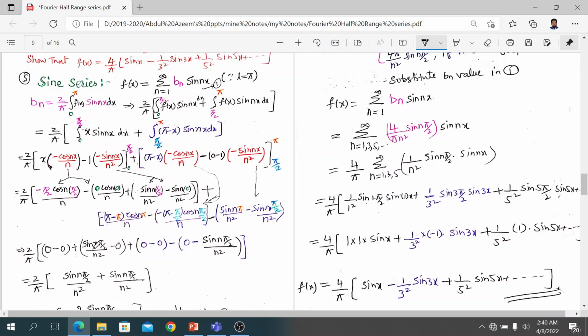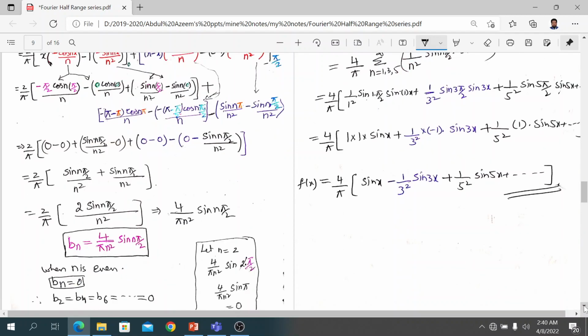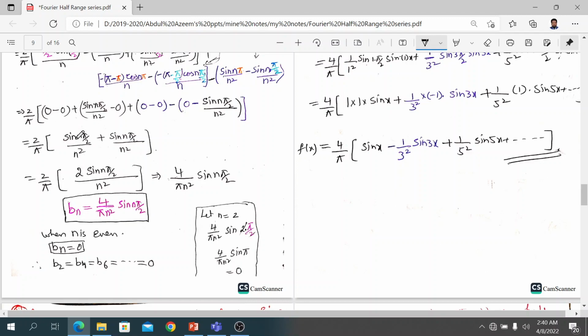So 2 by pi, this sin n pi by 2 by n square, minus into minus plus sin n pi by 2 by n square. So this is 2 times: n square, LCM, 1 plus 1, 2 sin n pi by 2. These two multiply, 2 twos are 4 by pi sin n pi by 2 by n square.